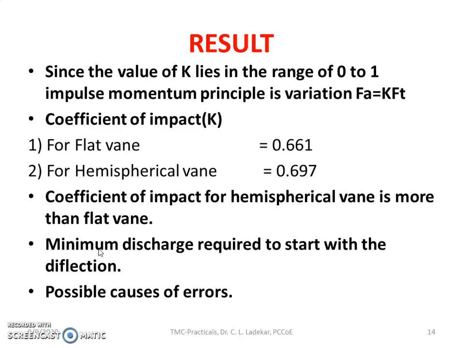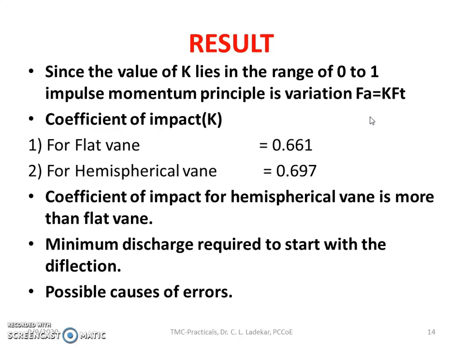And then you can see the possible causes of error also, since the coefficient of impact is different for different observations. The possible causes of error will be like the plate is not exactly at the center of the jet.